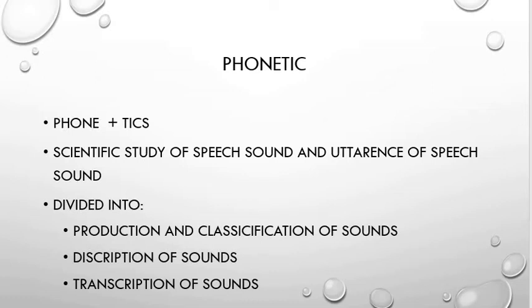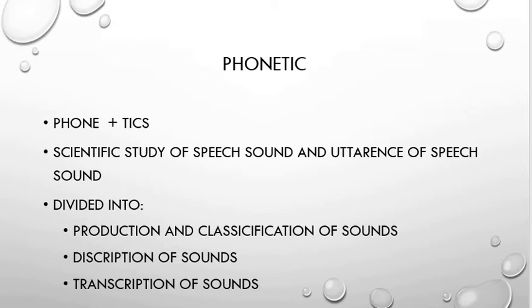Let's discuss the first one, production and classification of sound. In the English language, sounds are divided into two groups: vowel sounds and consonants. Vowel sounds are produced without hindrance in the mouth, for example a, e.